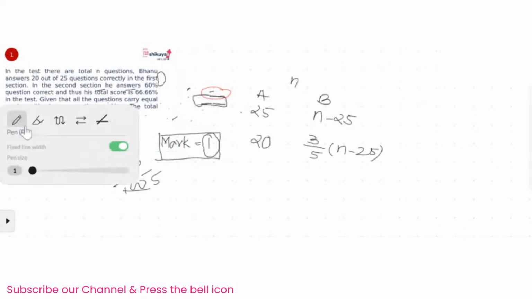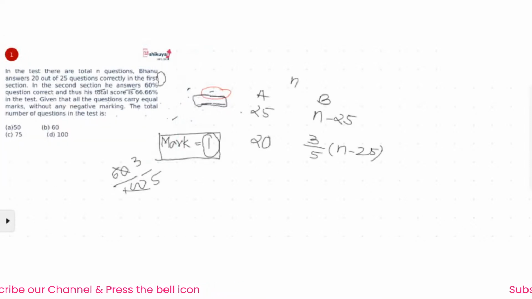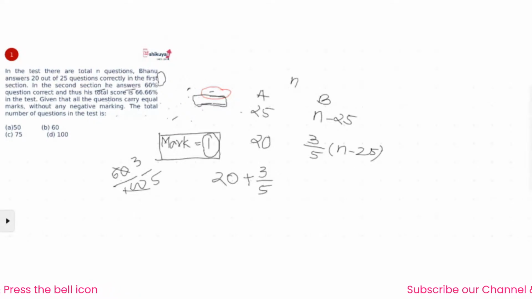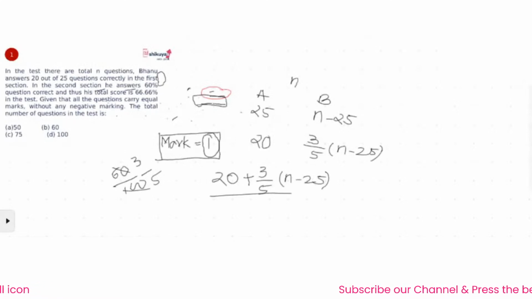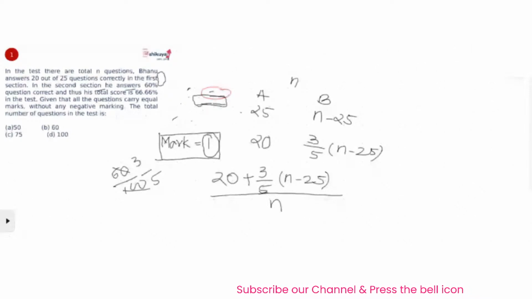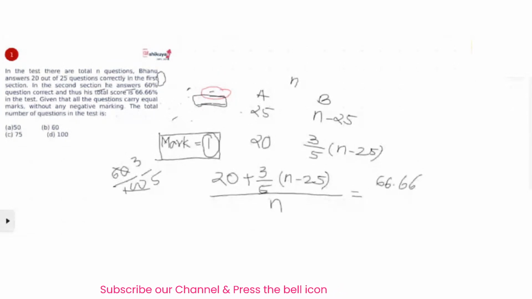As the average or percentage marks are 66.66, we are going to add the correct questions solved during the test, that is 20 plus 3 by 5 times (n minus 25), and the total questions are actually n. Am I right? So instead of multiplying by 100, I will write 66.66 upon 100, or anybody can go with this choice as well.